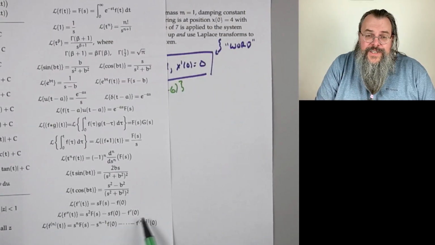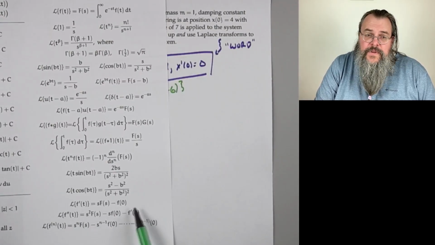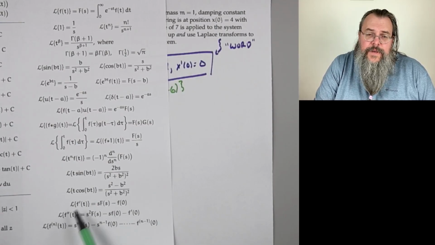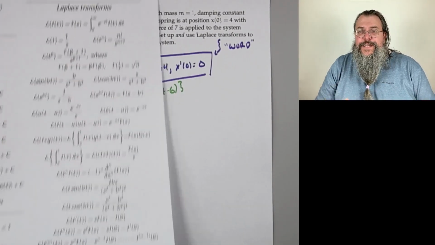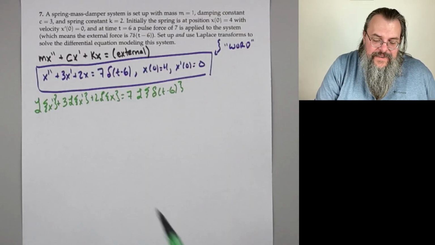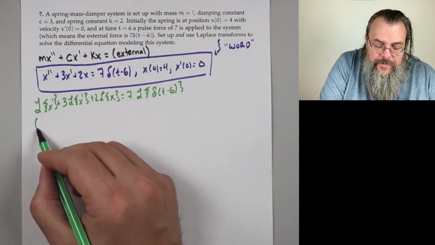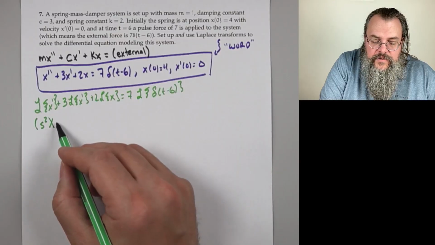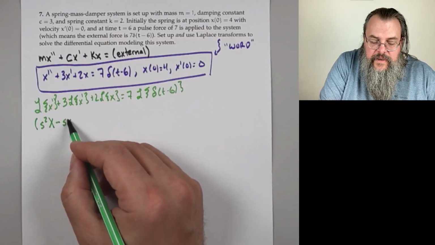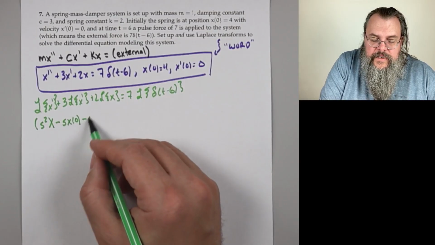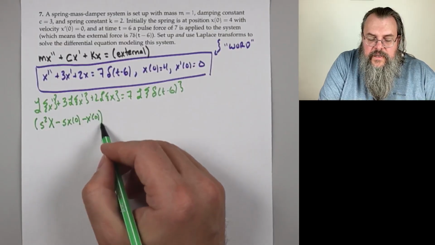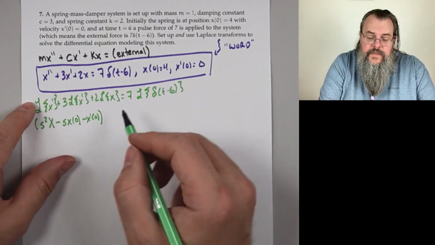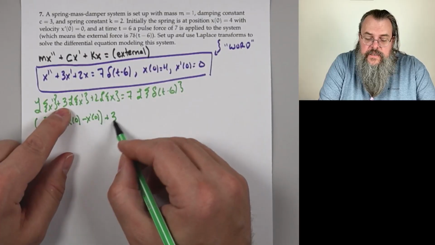It's on our formula sheet. As for x prime, the only thing is instead of x we have f, but okay, we can adapt. We're adaptable. So, using our formula sheet, this is s squared capital X, subtract s x of 0, subtract x prime of 0. Okay, that's the first one, plus 3.